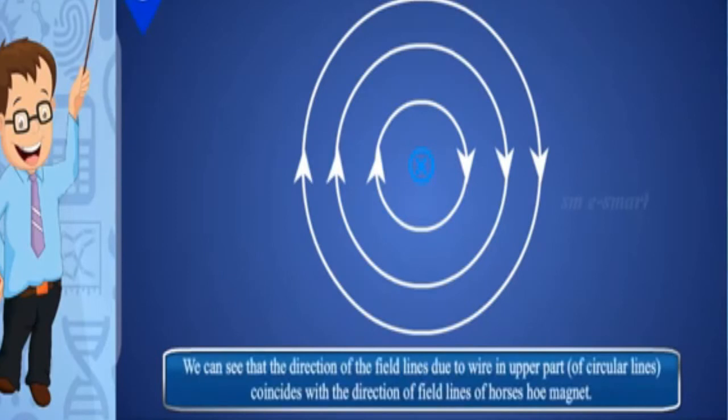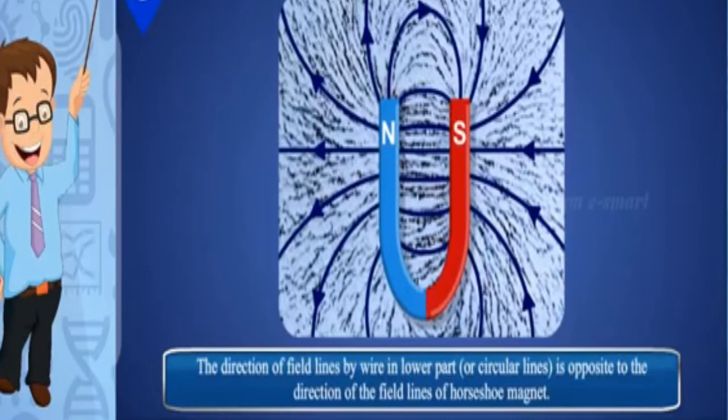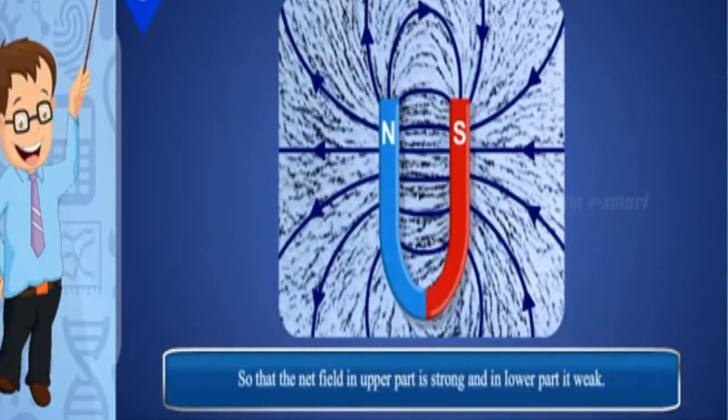We can see that the direction of the field lines due to the wire in the upper part coincides with the direction of field lines of the horseshoe magnet. The direction of field lines by the wire in the lower part is opposite to the direction of the field lines of the horseshoe magnet, so that the net field in the upper part is strong and in the lower part is weak. Hence, a non-uniform field is created around the wire shown in the figure. Therefore, the wire tries to move to the weaker field region.